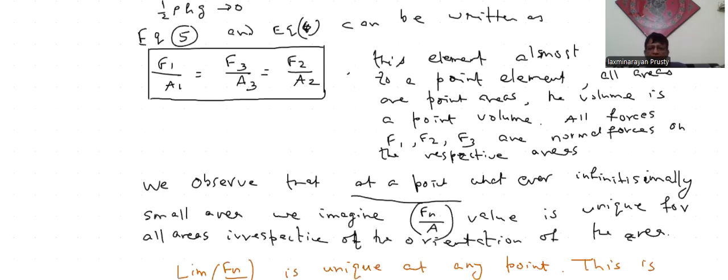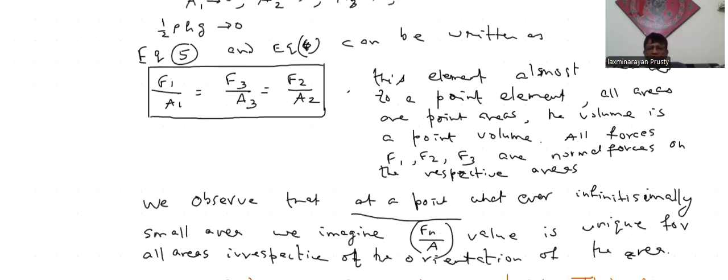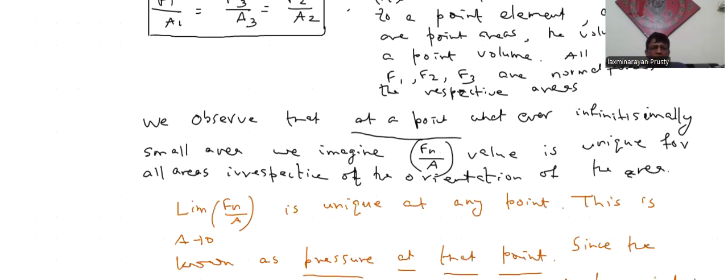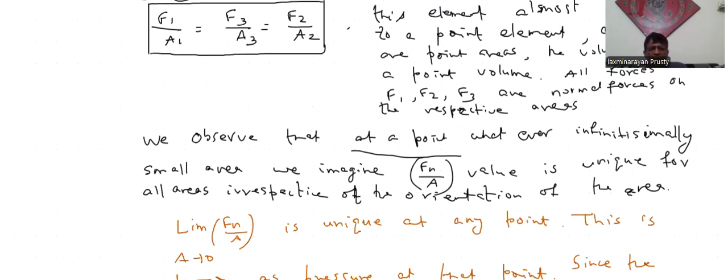All areas are point areas. The volume is a point volume. All forces F1, F2, F3 are normal forces on those respective areas. Am I clear? So we observe that at a point, whatever infinitesimally small area we imagine, this Fn by A ratio is unique, irrespective of the orientation of the area.